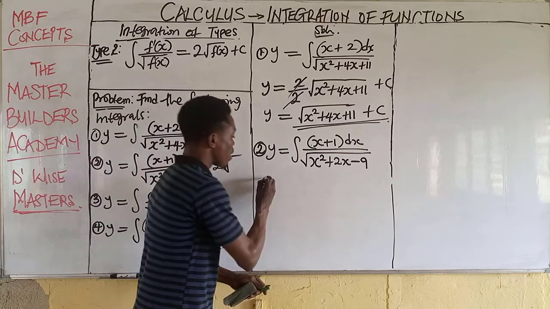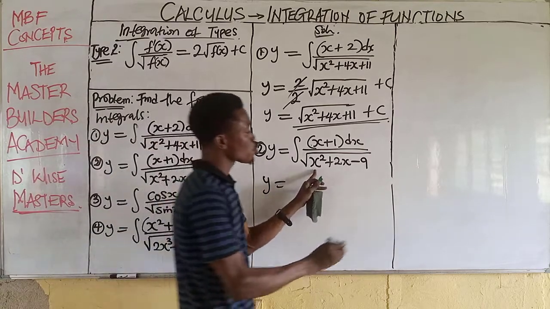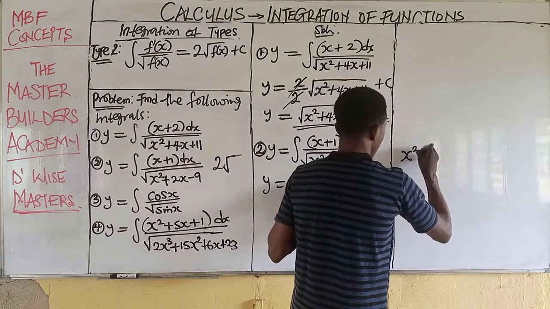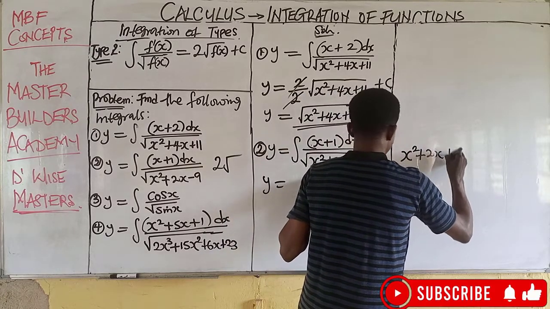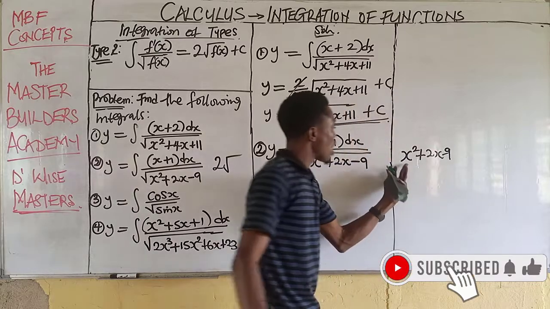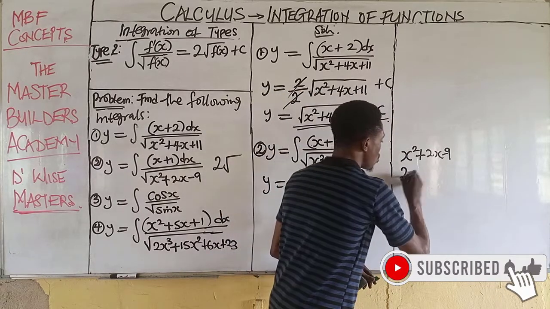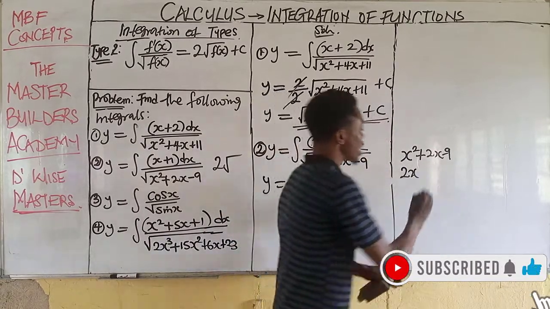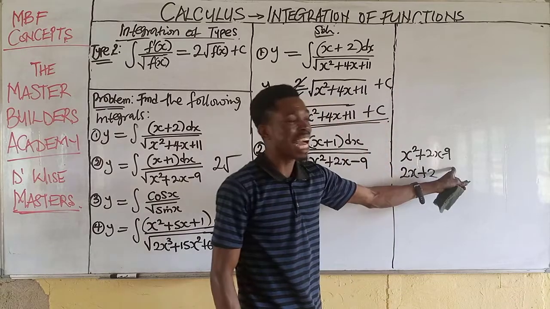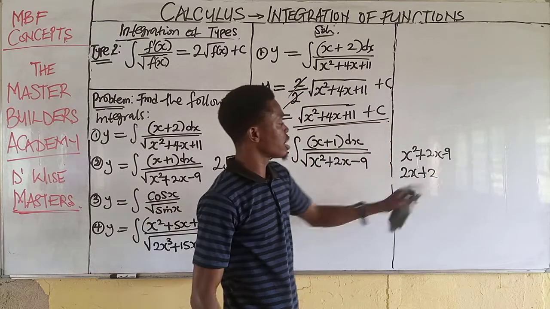Now, listen. If we differentiate this, the first thing we do is to put down the denominator, which is x squared plus 2x minus 9. When we differentiate x squared, we have 2x. When we differentiate 2x, we have 2. And when we differentiate 9 with respect to x, that's 0. Then this is what we have.